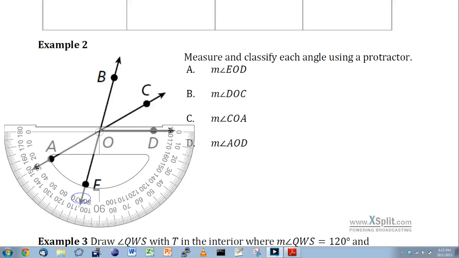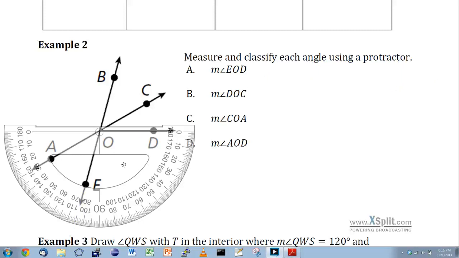Looks like it's pointing to about 105 or so. If I extend that line, it points to about 105. So I'd say that EOD is about 105 degrees, and to classify it, this is definitely an obtuse angle. You can do similar things for your other angles as well.